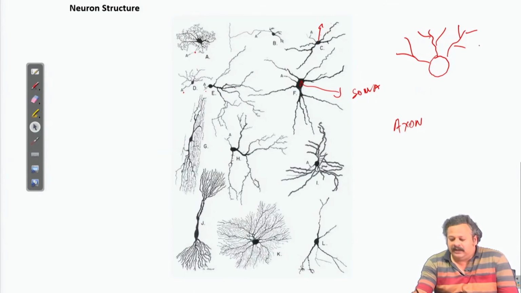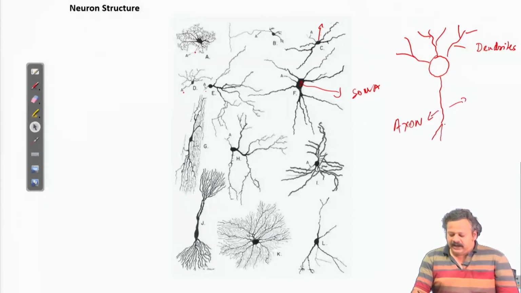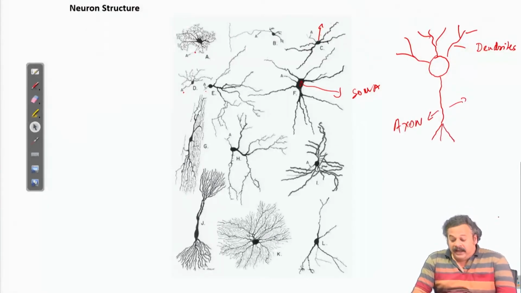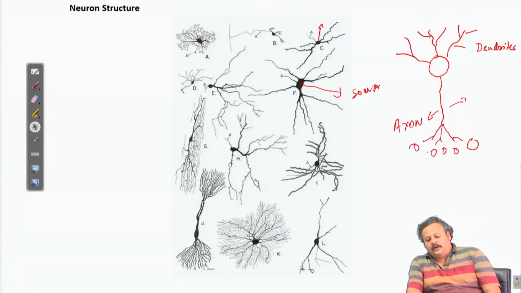These are called the dendrites, and there is a particular structure that goes out from the neuron which is called the axon, and this axon can make connections with multiple neurons, not just one neuron. So it can branch off into many groups and make connections with many different neurons as dendrites, and that connection point is what we will call synapses.